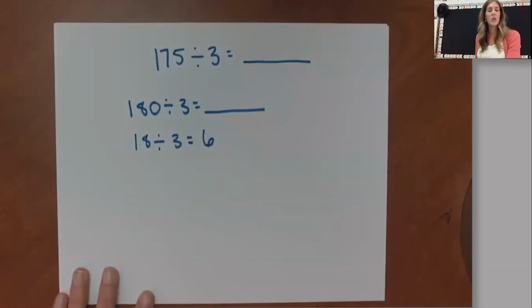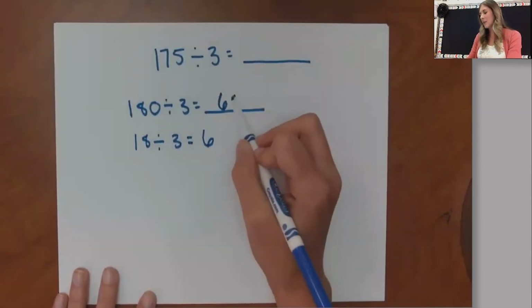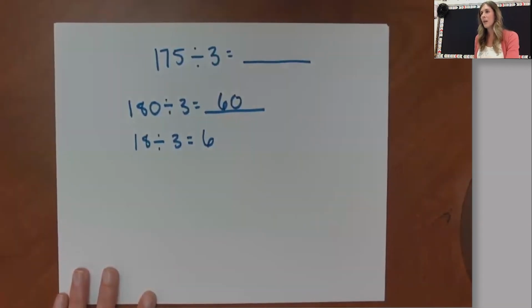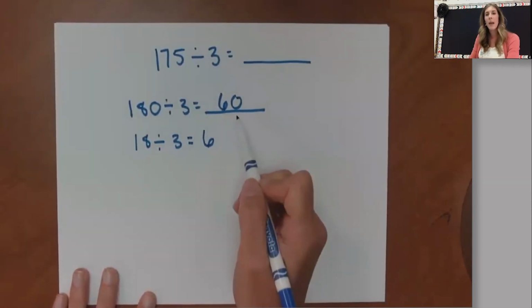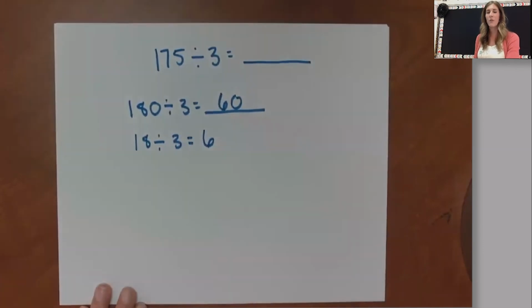So that means 180 divided by 3 is equal to 60. Excellent job. So about how many of each flavor cupcake should Casey make for the bake sale? Correct. She should make about 60 of each flavor for the bake sale. Great job. Now try one on your own.